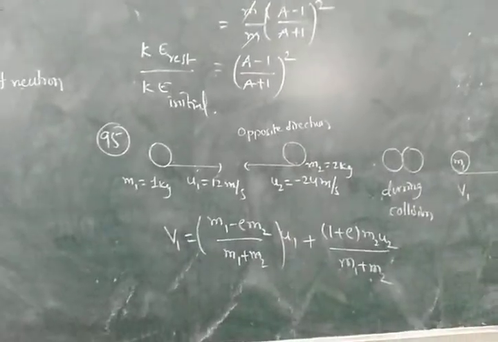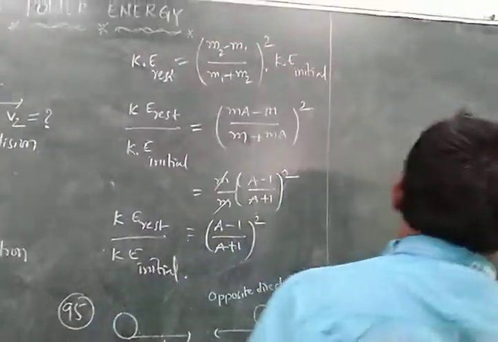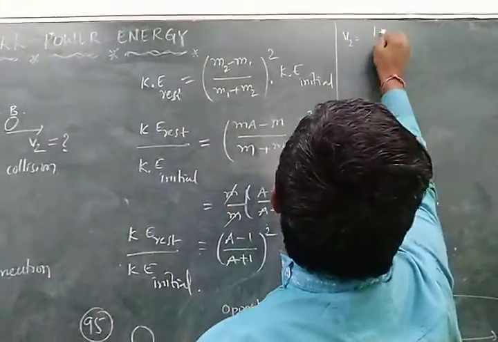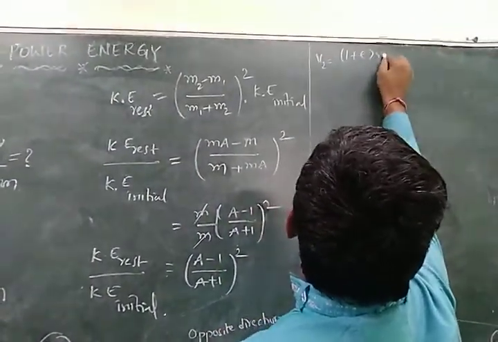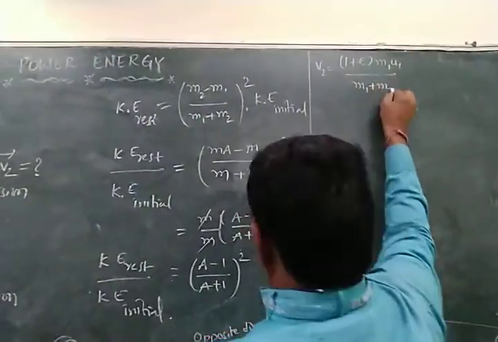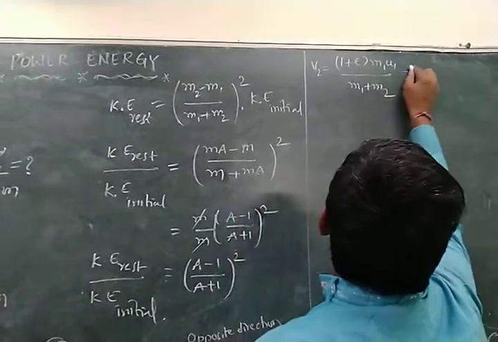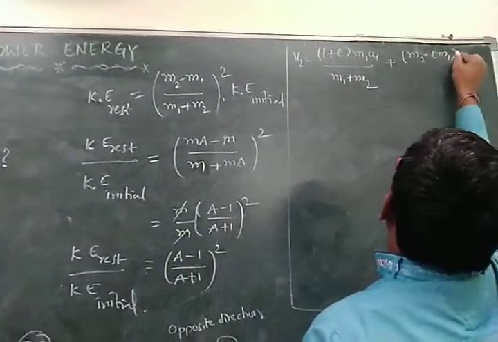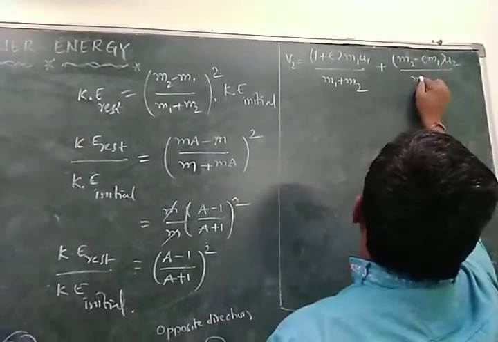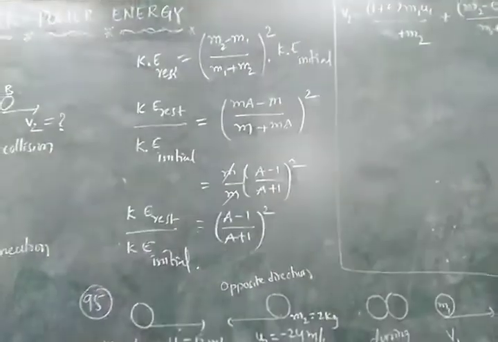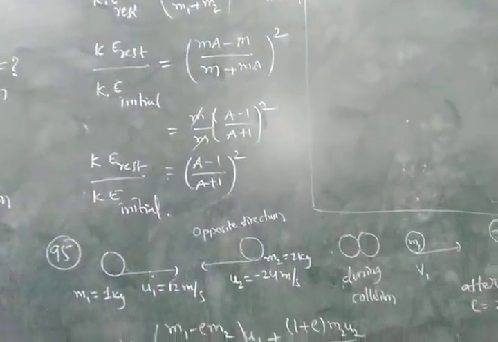This is v1, and v2 is equal to 1 plus E into m1 u1 by m1 plus m2 plus m2 minus E m1 into u2 by m1 plus m2. Now here the values are there: m1, u1, m2, u2, and E.